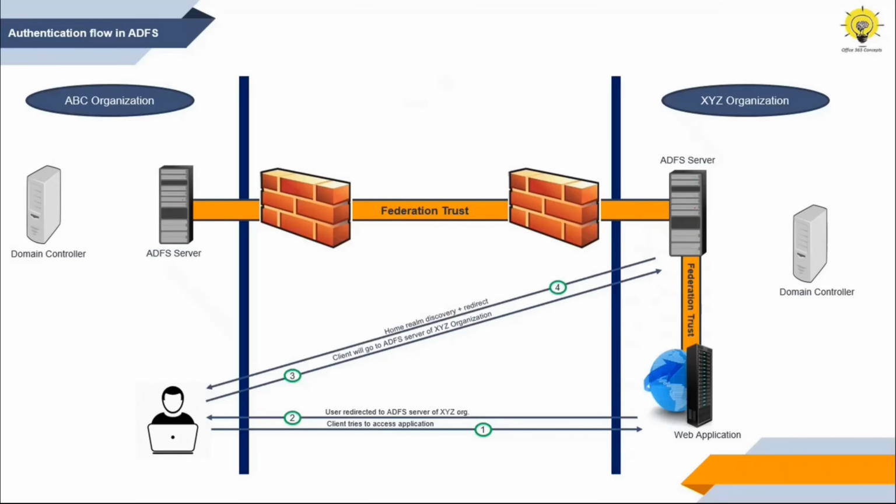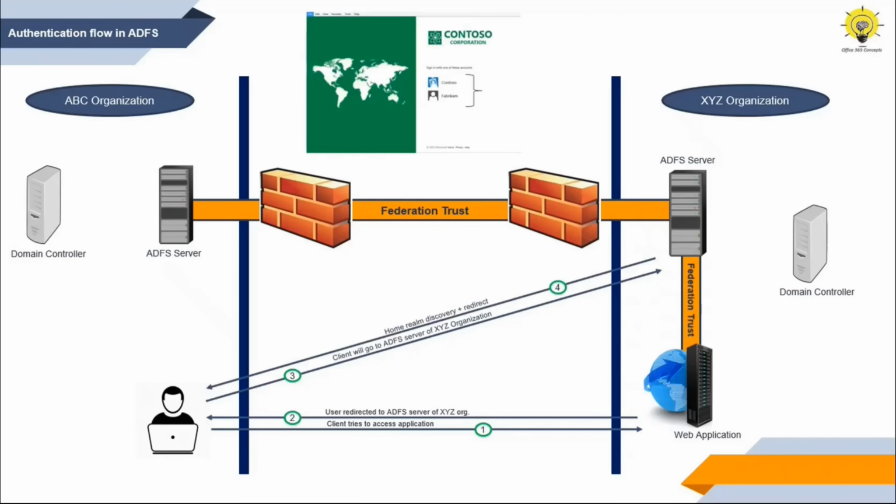And it will present the user with a web page to choose his organization name. For example, in this picture, if the user belongs to Contoso organization, the user will click his organization name and he will be redirected to his organization's ADFS server. This is called home realm discovery.